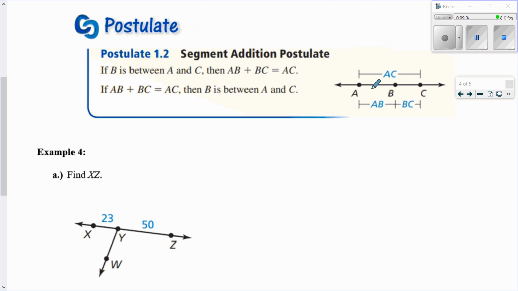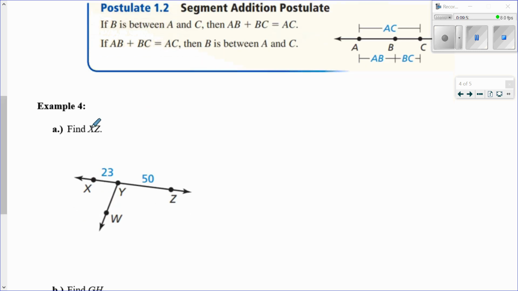So if a point is in between, in this case B is in between A and C, we can say that AB plus BC is the whole thing, AC. Okay, that's what we're using. So if it says find XC, it wants the whole thing. If you look, we have this piece, and we want the whole thing. So we're just going to add them together.